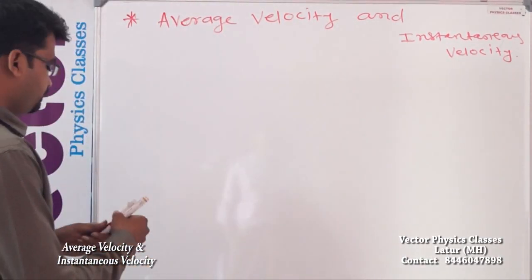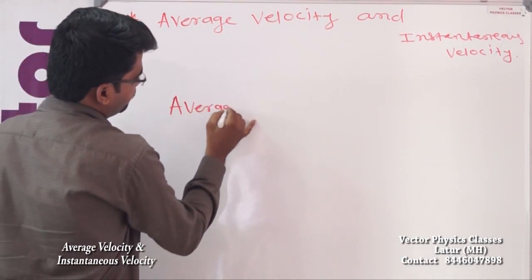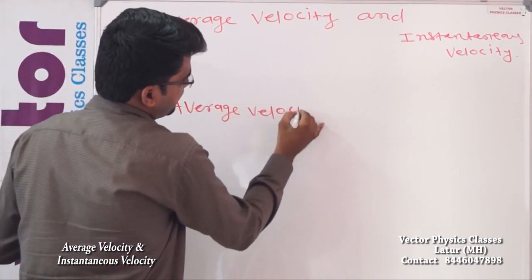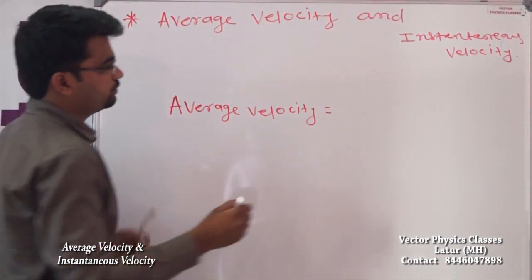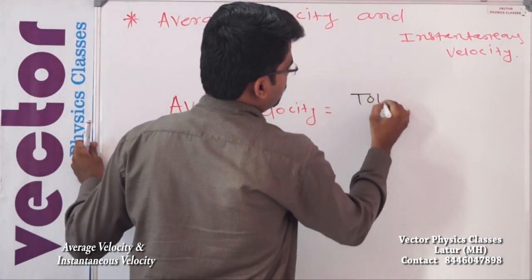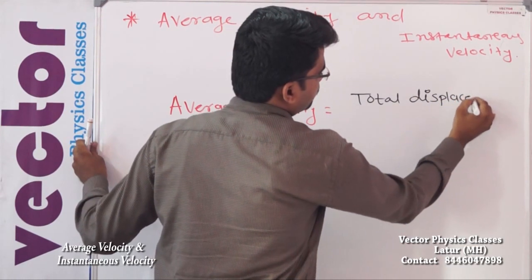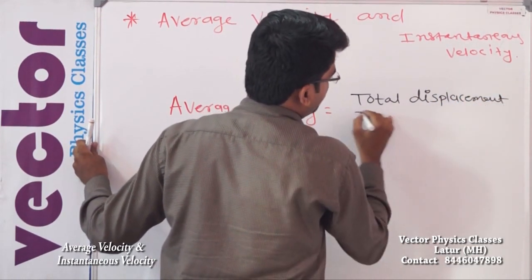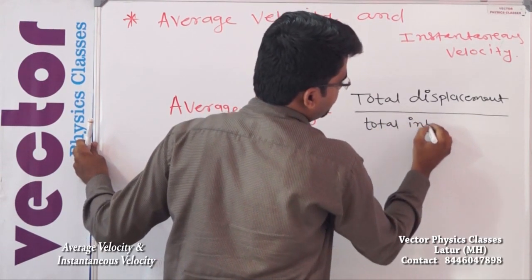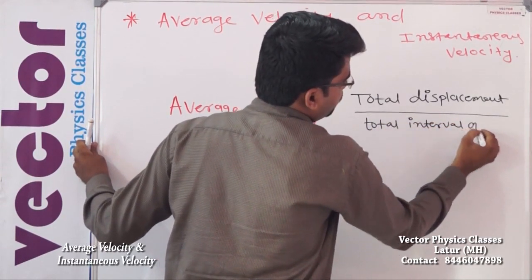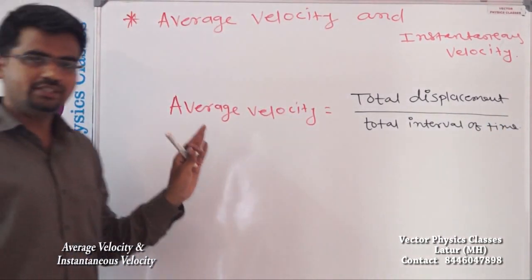So average velocity, you can write, is total displacement to the total interval of time. It is very simple to understand.